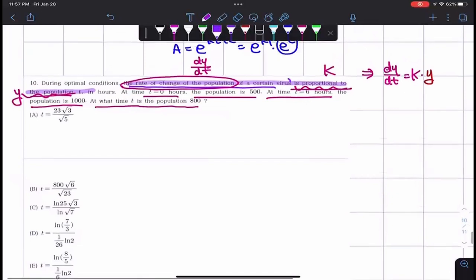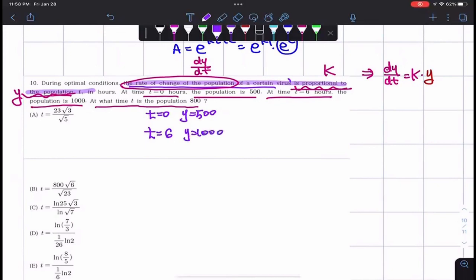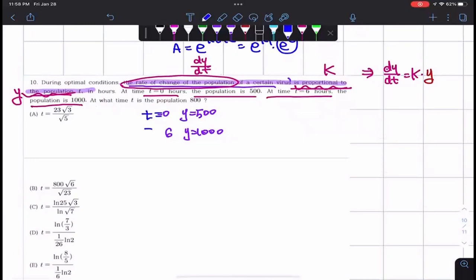Second assumption: at t equals 0, the population y equals 500. Third assumption: t equals 6, y equals 1000. Lastly, this is my goal: the time t where the population is 800.